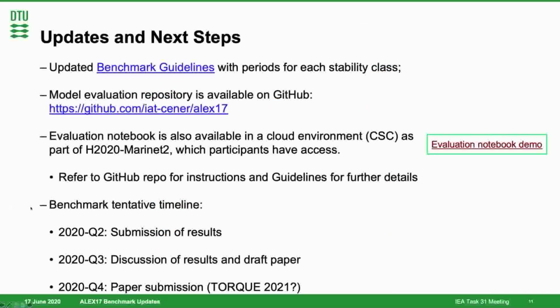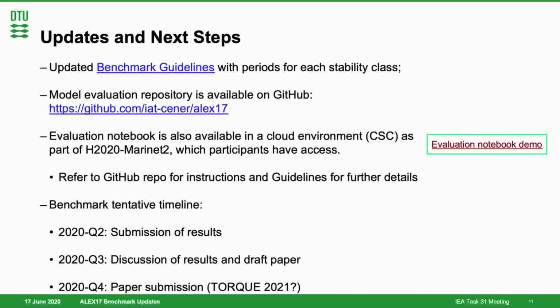So the updates for the diurnal cycle benchmark are that we have an updated benchmark guide with the periods for each stability class that were selected. And we have a model evaluation notebook that is already published in a GitHub repository. The same notebook is also available in a cloud environment, which is part of another project, Marinette 2, which aims to have a virtual research environment.